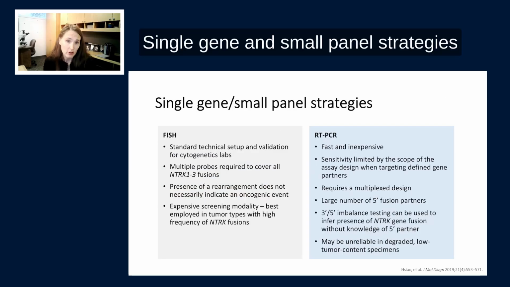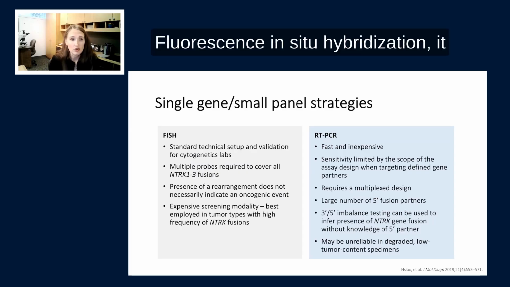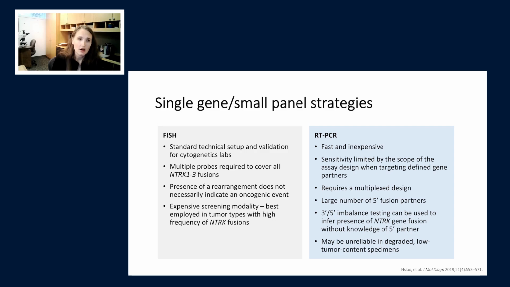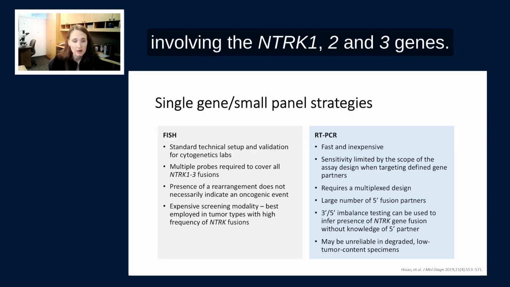Single gene and small panel strategies are still feasible in some settings. Fluorescence in situ hybridization, FISH, does require a cytogenetic lab setup. In addition, multiple probes are required to cover all of the fusions involving the NTRK 1, 2, and 3 genes.